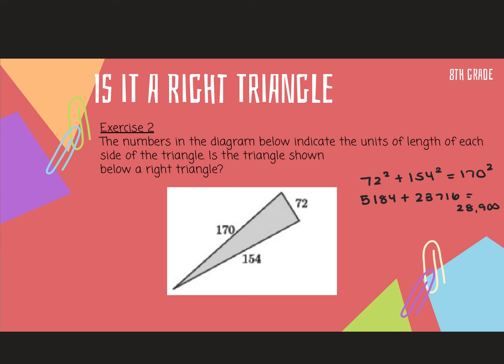So when we add 5,184 plus 23,716, we get 28,900, which is equal to 28,900. So yes, this does form a right triangle.